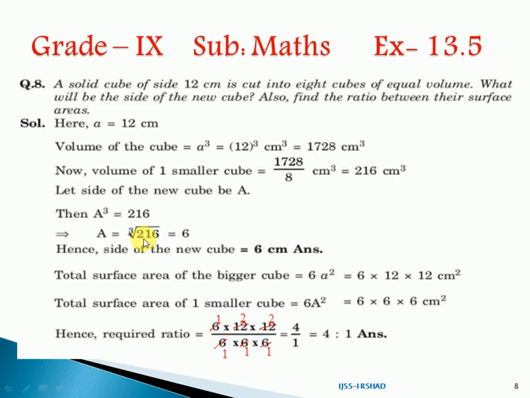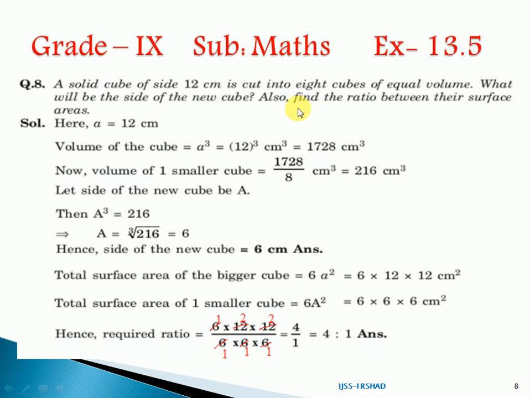If we take the factors of 216 and make groups of the same digit, 6 into 6 into 6 gives 216, so 6 will come out. The cube root of 216 you have learned in grade 8, and it gives you 6. Hence the side of the new cube is 6 centimeter. They asked what will be the side of the new cube, and we got it: 6 centimeter.